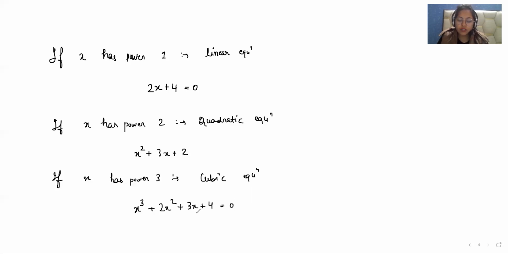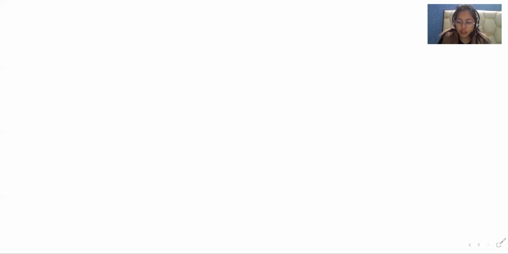So a quadratic equation is one which can be written in the form of ax square plus bx plus c equals 0. So I'll mention two terms here, an expression and an equation. What is the difference between an expression and an equation? Now we will discuss this.